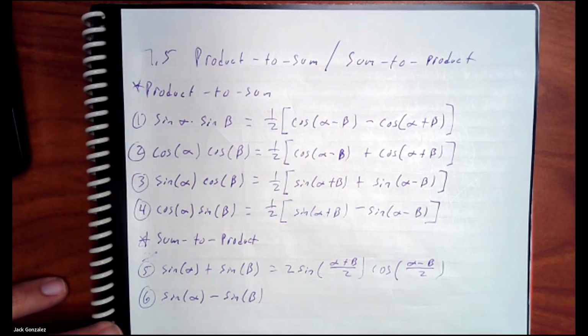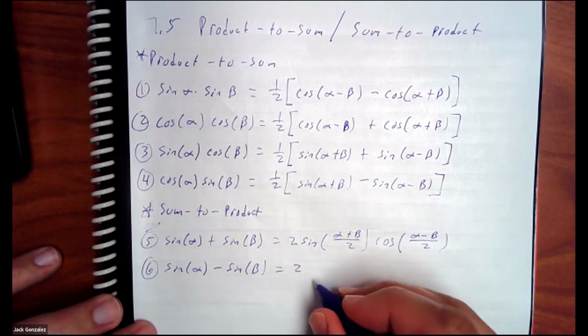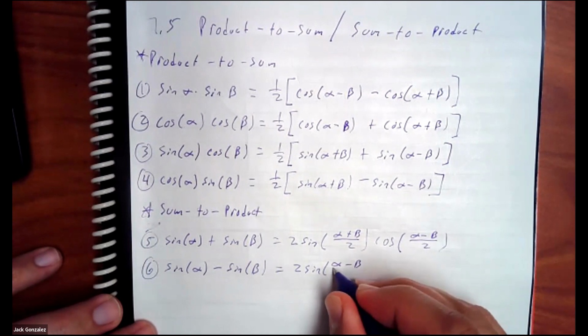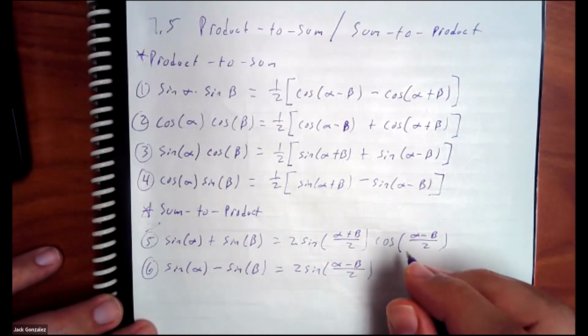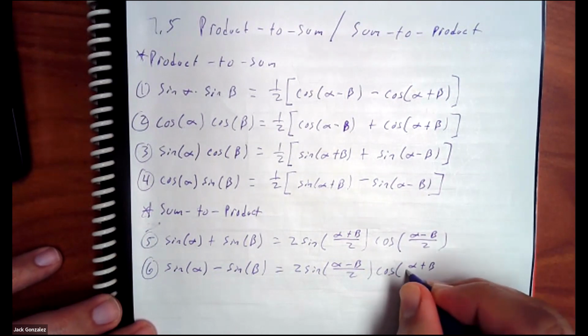Sine alpha minus sine beta, that's going to be 2 sine alpha minus beta over 2 times cosine alpha plus beta over 2.